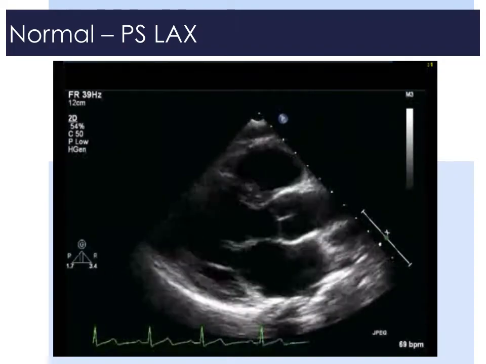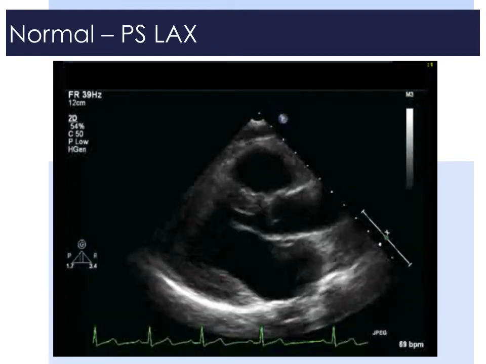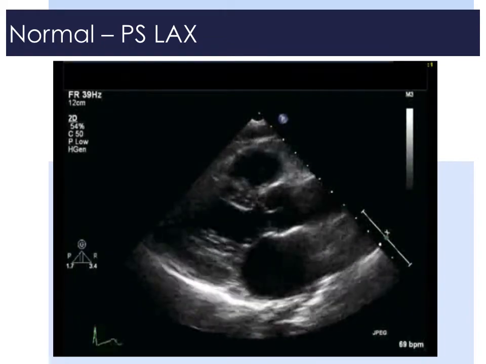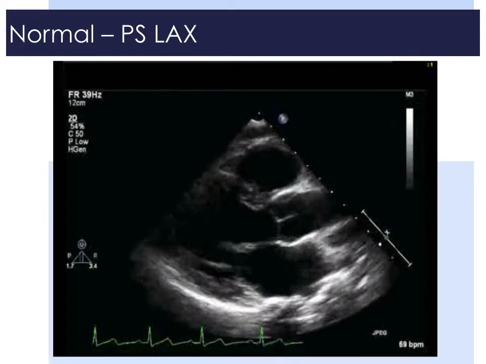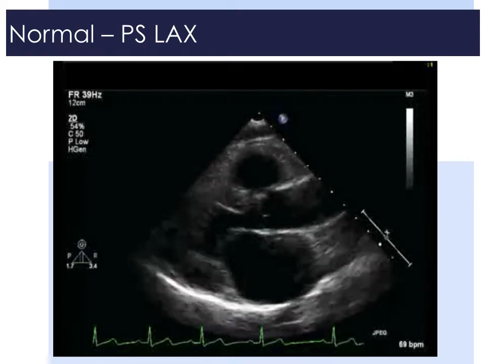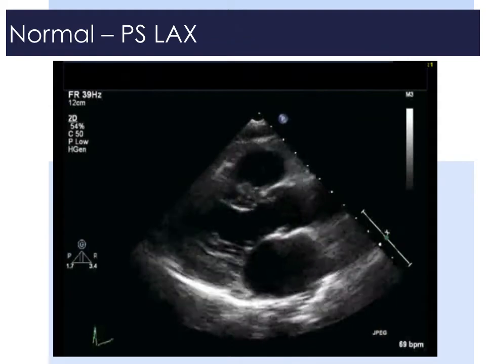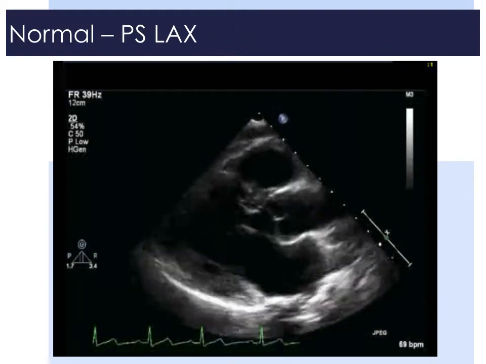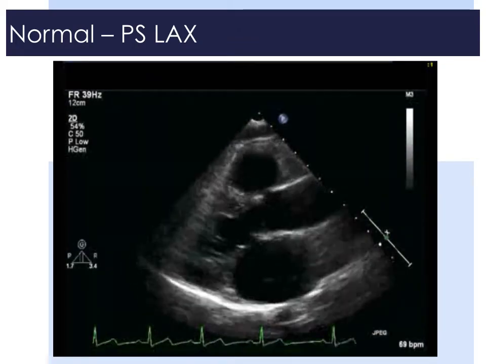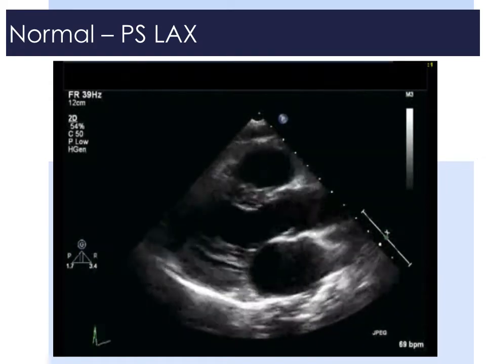We can see on this view a normal looking left ventricle. This is the parasternal long axis view, where we visualize the basal and part of the mid cavity of the left ventricle. We can see the interventricular septum and the inferolateral wall. We can appreciate how the walls thicken in systole, the difference in wall thickness between systole and diastole, and how the walls move towards the center.